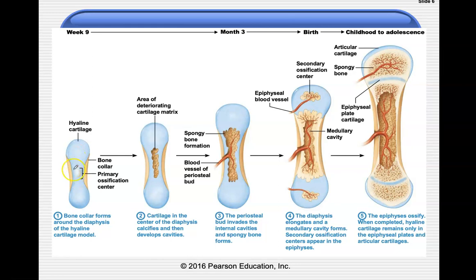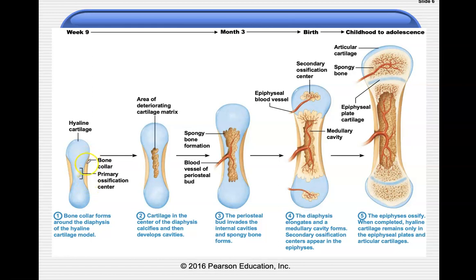And those osteoblasts will, of course, then start secreting matrix. And as they secrete the matrix, they will form this bone collar and form what's called the periosteum on the outside. So basically, that perichondrium becomes periosteum. Okay?